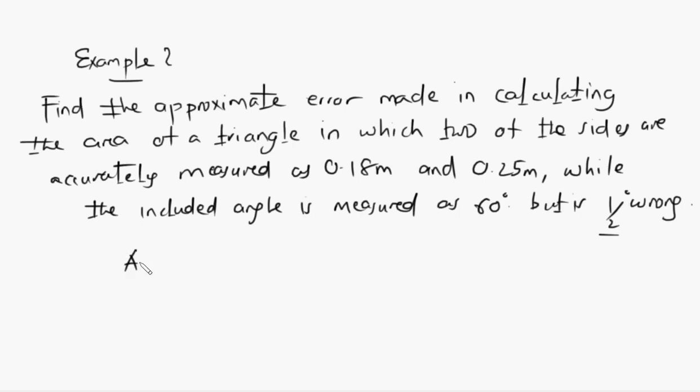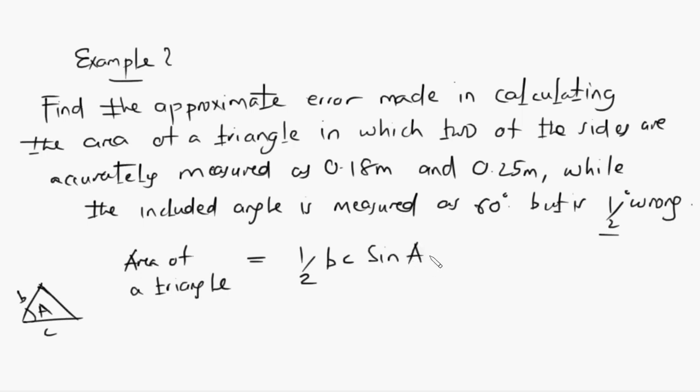I know the area of a triangle. Let this be our triangle. Here we have side B and side C, and this is the included angle, angle A. The side opposite A is a, opposite B is b, and opposite C is c. So the area of a triangle is half times the two sides times the sine of the included angle.